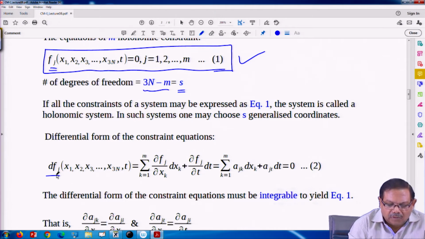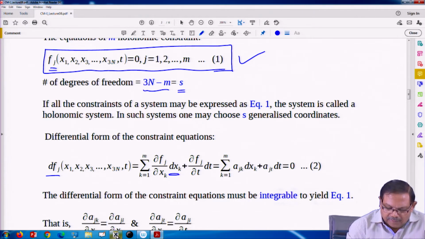How do we find the total differential? We take the derivative of this function with respect to each of the coordinates, and a differential element with respect to that coordinate.